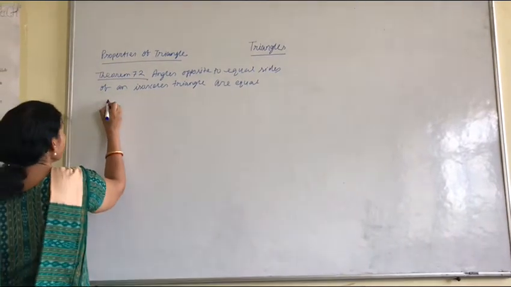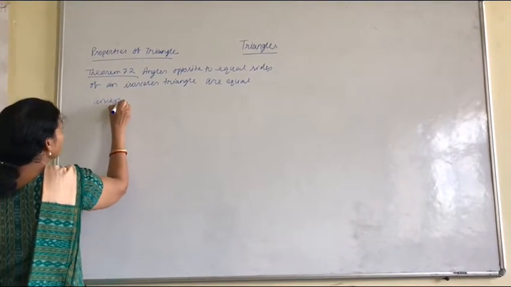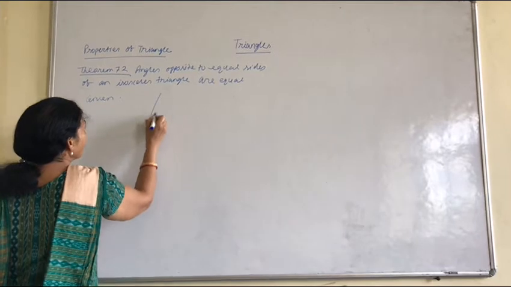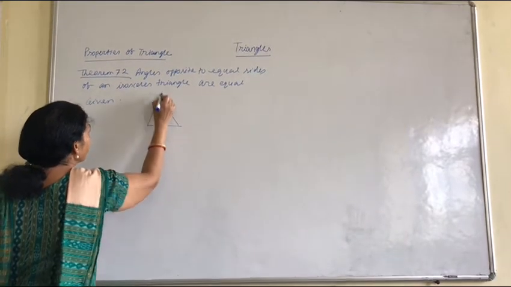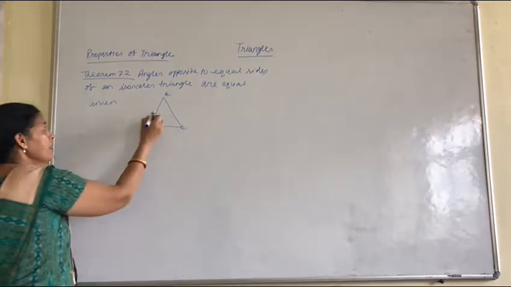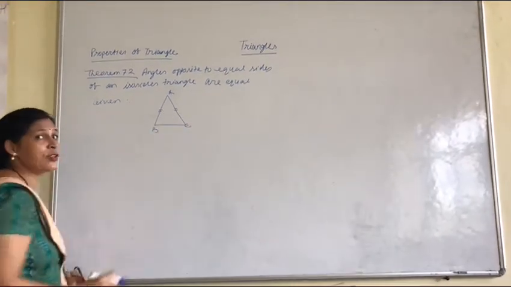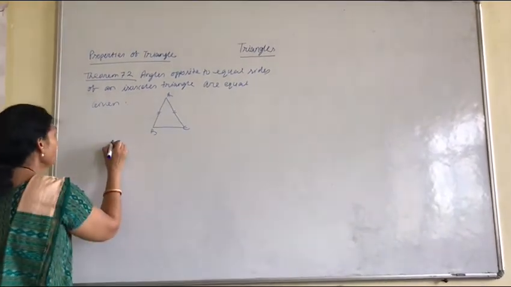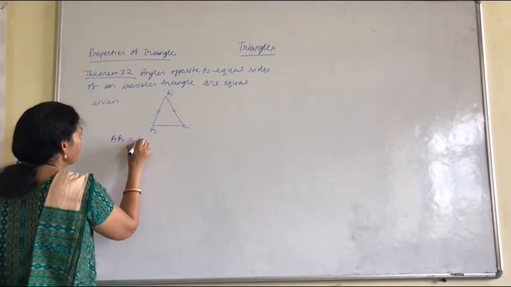Okay, so given: ABC is an isosceles triangle, AB is equal to AC.